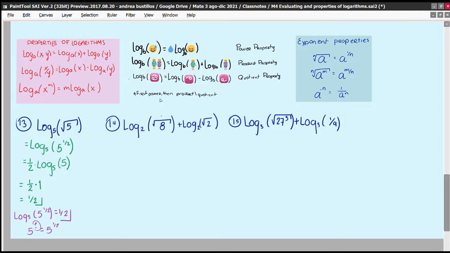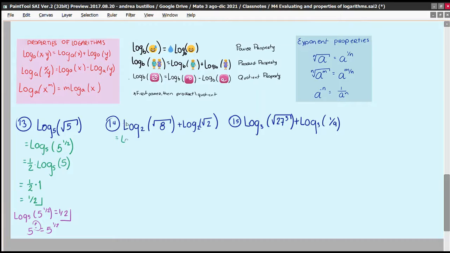Another example. I have two numbers multiplying here. So I can use the properties any way I like. I'm going to solve this exact same exercise two different ways. The first one is going to be by applying the property of powers. So I'm going to plug these radicals outside.